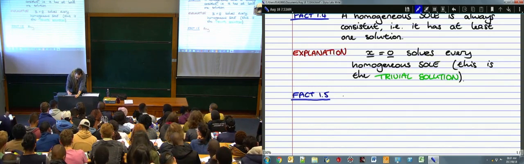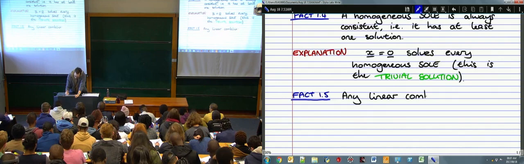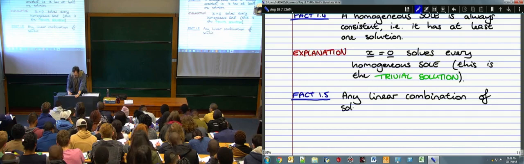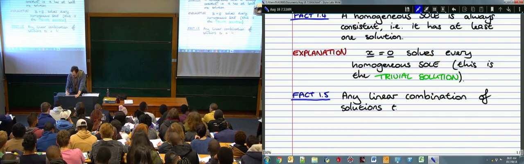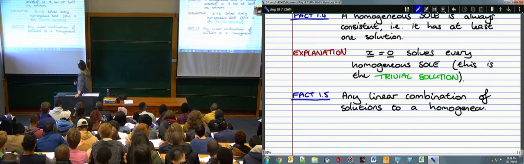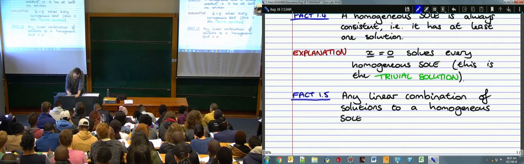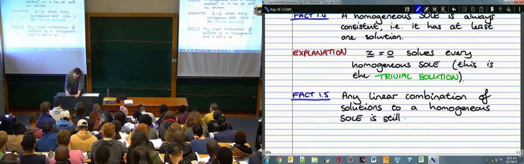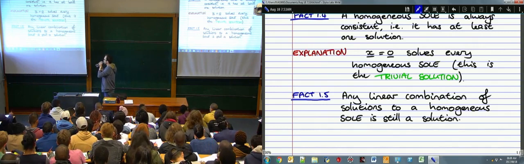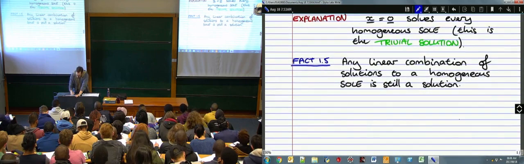Right, so any linear combination of solutions to a homogeneous system of linear equations is still a solution. And we can write up an explanation for that as well.